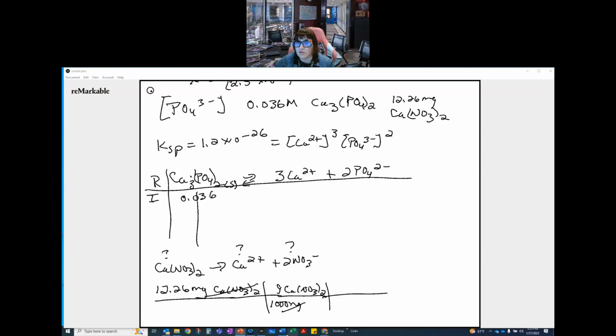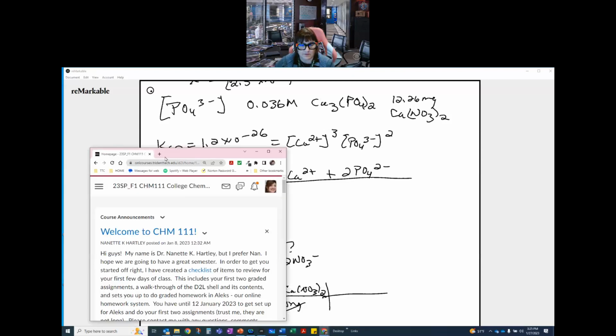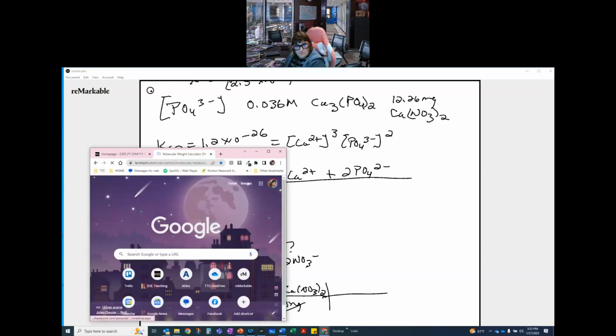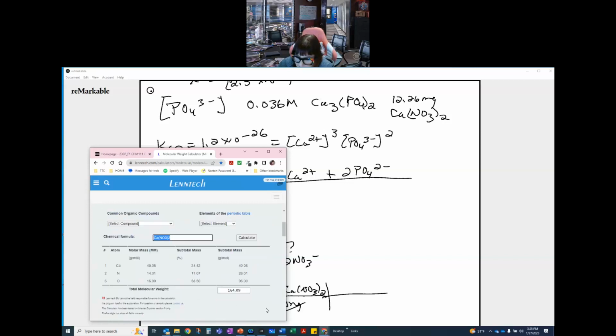So I can find my cheat sheet, my happy little calculator. Ca(NO3)2, and I can see that that has a molecular weight of 164.09 grams per mole of Ca(NO3)2. Okay, that's awesome.